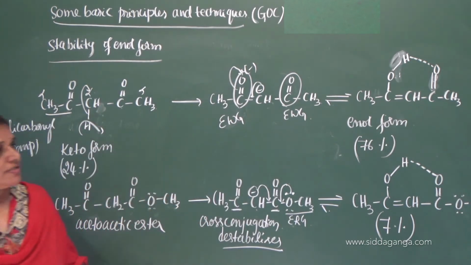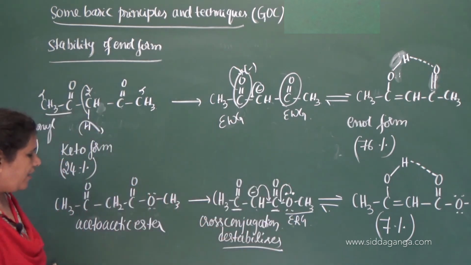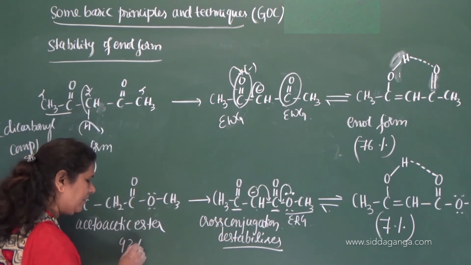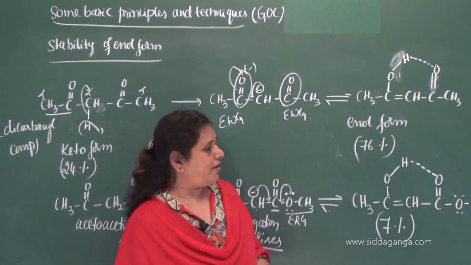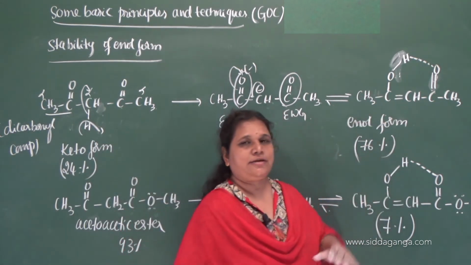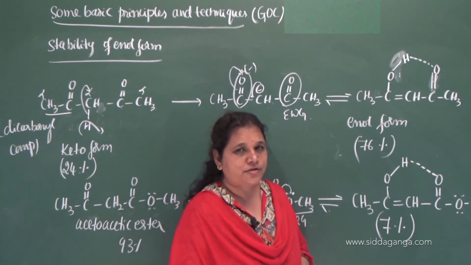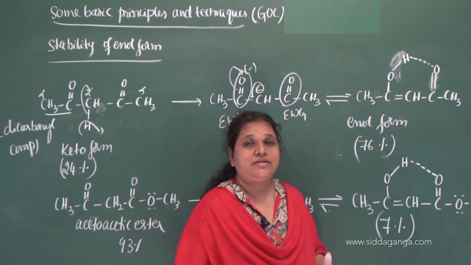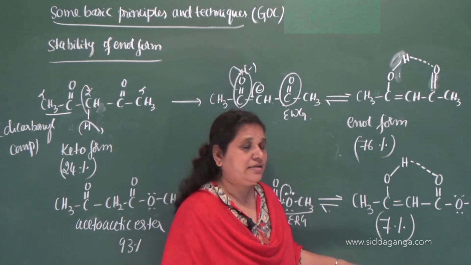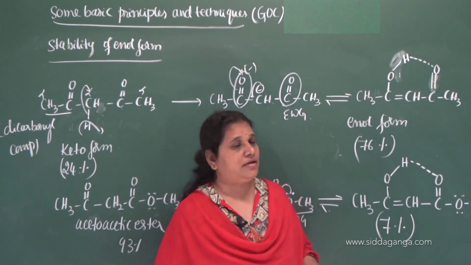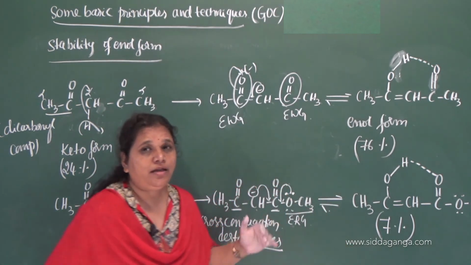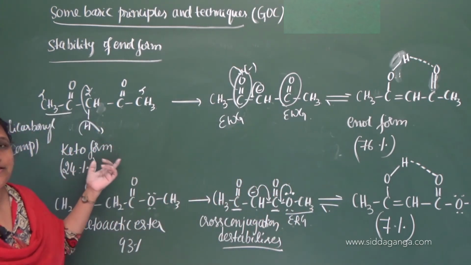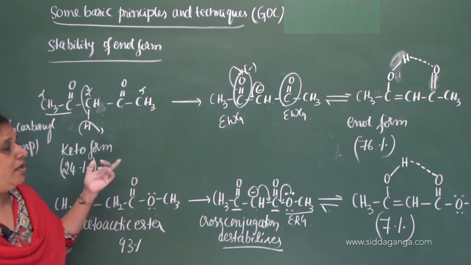So it is also stabilized by this, and this is around 93% and this is 7%. Here also there is intramolecular hydrogen bonding. This is also stabilized by intramolecular hydrogen bonding, but still the percentage of enol form is less in acetoacetic ester, but it is much higher than the keto form in acetyl acetone. In acetyl acetone, the percentage of enol form is higher than the keto form.